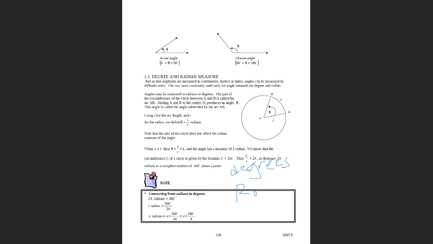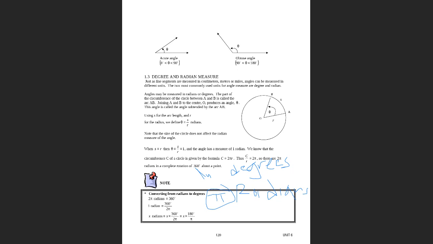The most important thing is that you should be able to convert from degrees to radians and from radians to degrees. When an angle is in radians, you always find pi somewhere. But when it is in degrees, you always see a number, no pi.